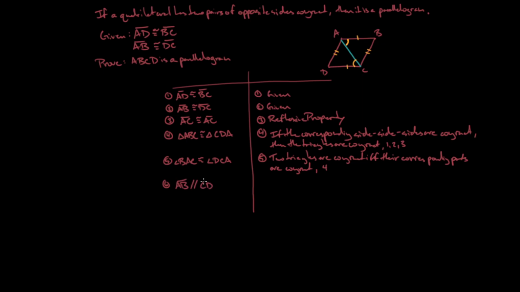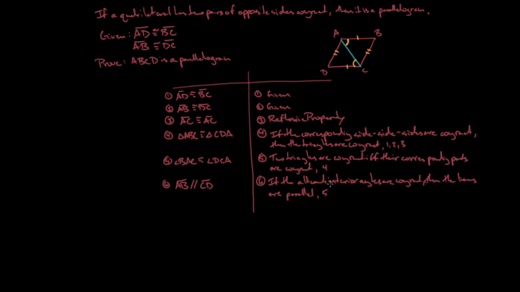This is my alternate angle converse theorem that I can reference: if the alternate interior angles are congruent, then the lines are parallel. Where does that come from? It comes from where my alternate angles were, which was number 5.